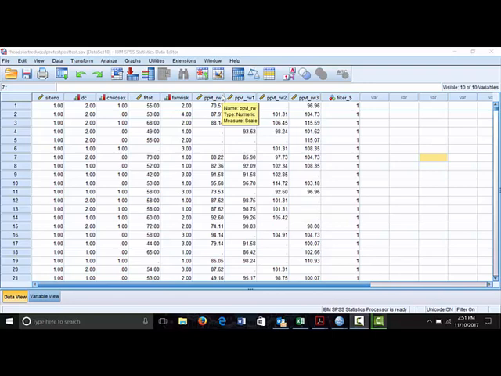Our analysis in this case will be to determine whether or not there is a relationship between the changes across time in the PPVT scores with the main effect of child sex and with family risk and with the interaction between child sex and family risk.